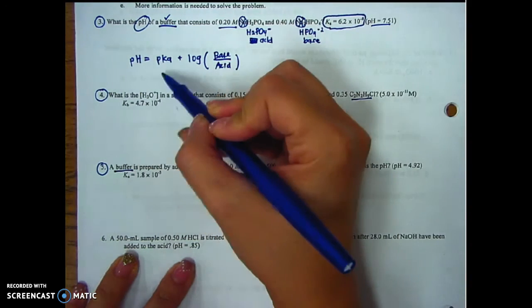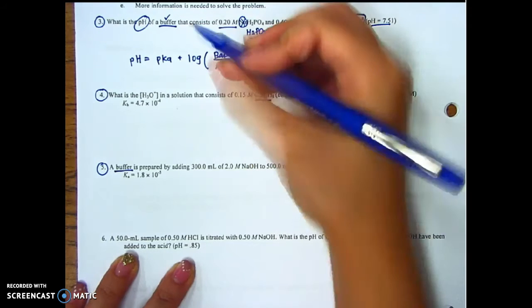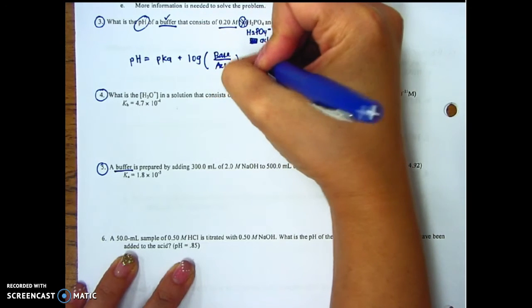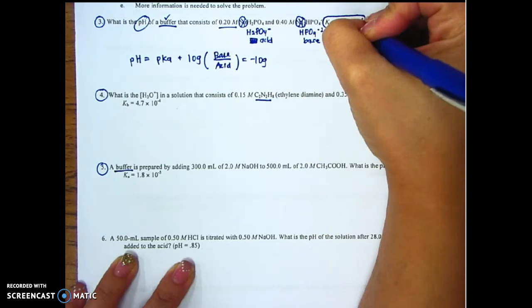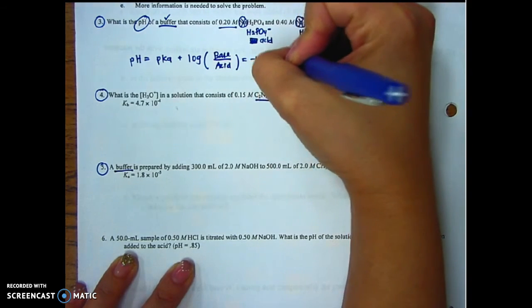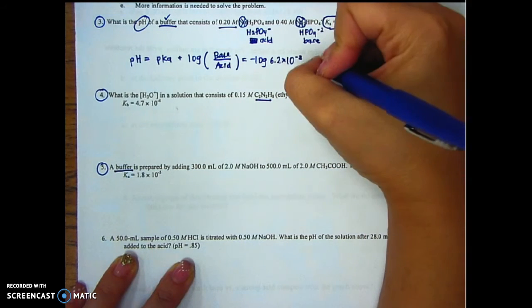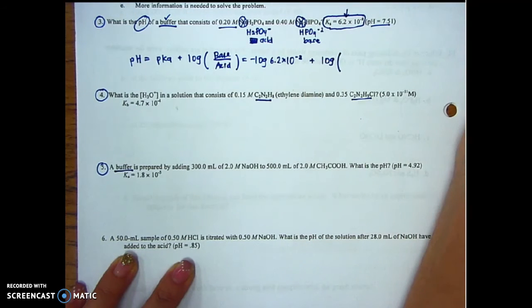The pOH, remember, is pKb, and then you swap this, so acid on top, base on the bottom. We're going to take the negative log of my Ka value right here, the 6.2 times 10 to the -8, and then add that to the log of my concentration of base divided by concentration of acid.